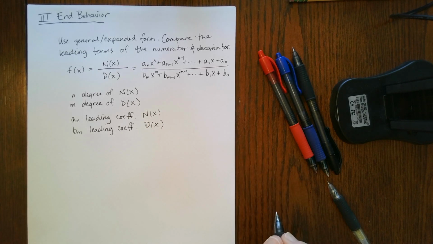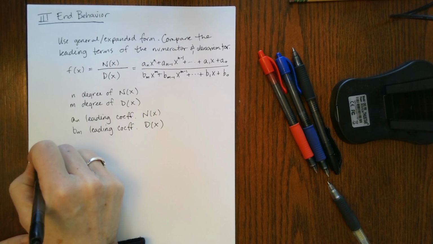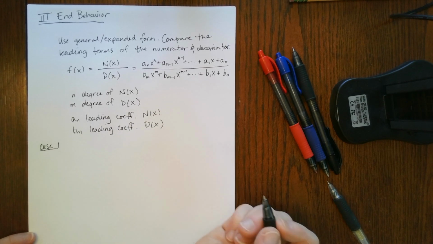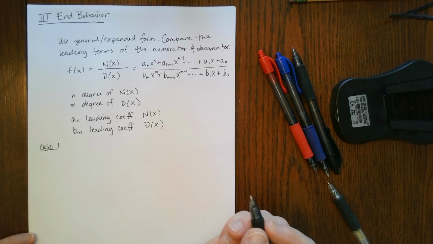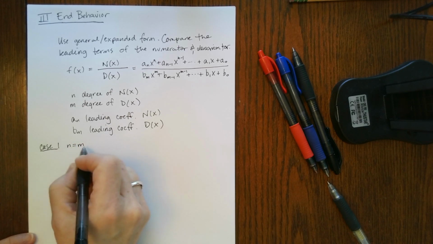So we're going to consider three cases. In case 1, we'll consider the case where the degrees of the numerator and the denominator polynomials are the same, i.e. n is equal to m.